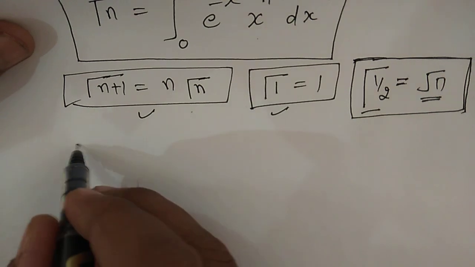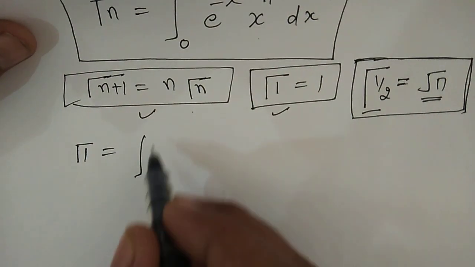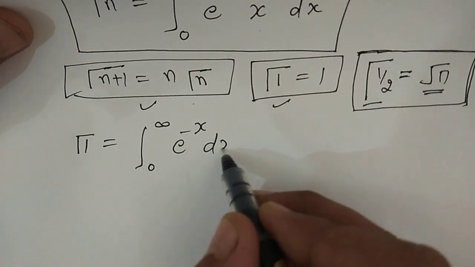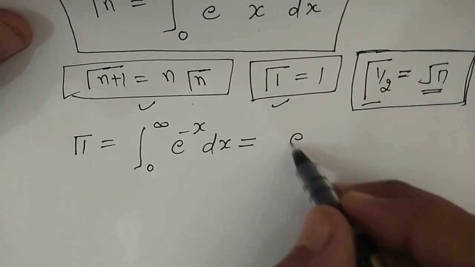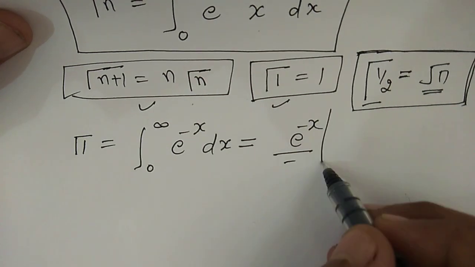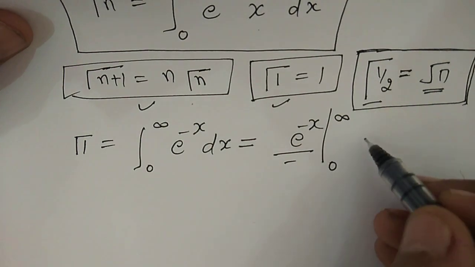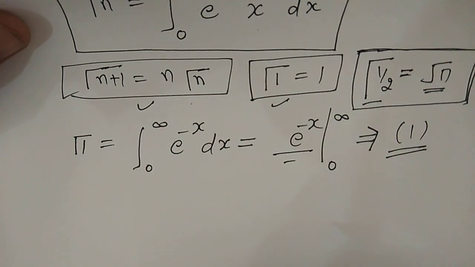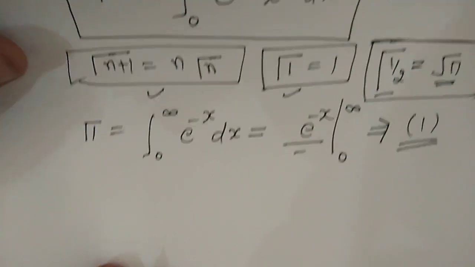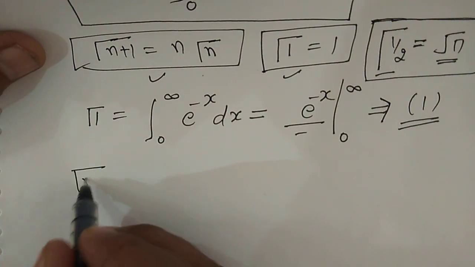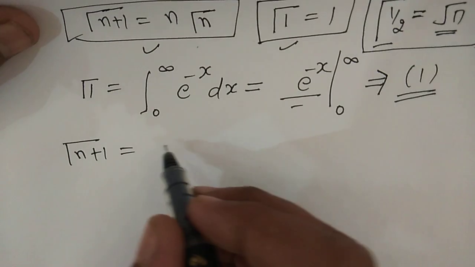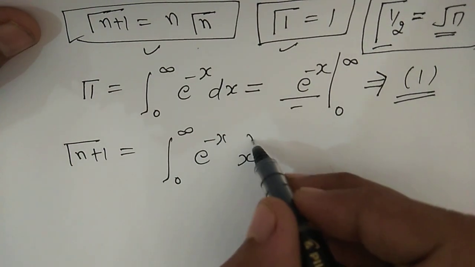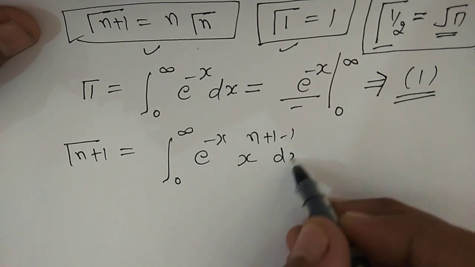We have gamma 1 equal to integral from 0 to infinity of e^(-x) dx. So -e^(-x) from 0 to infinity, so we get 1 here. And gamma of n plus 1 equal to integral from 0 to infinity of e^(-x) x^(n+1-1) dx.